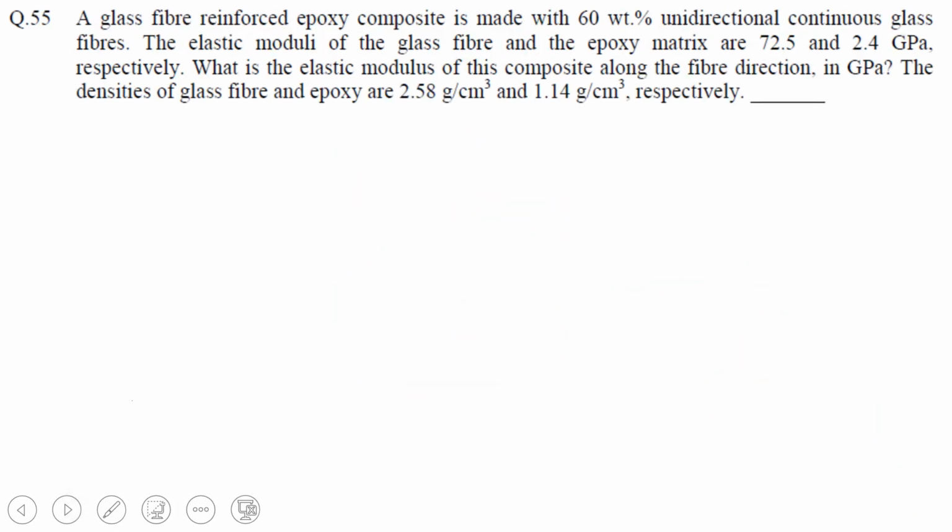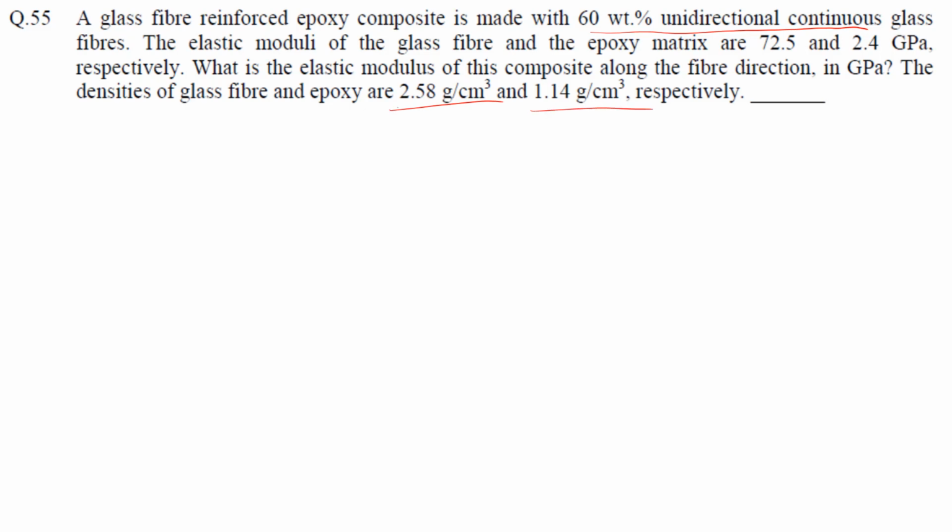A glass fiber reinforced epoxy composite is made with 60 weight% unidirectional continuous glass fiber. The elastic moduli of the glass fiber and the epoxy matrix are 72.5 and 2.4 GPa respectively. What is the elastic modulus of this composite along the fiber direction in GPa? The densities of glass fiber and epoxy are given as 2.58 and 1.14.